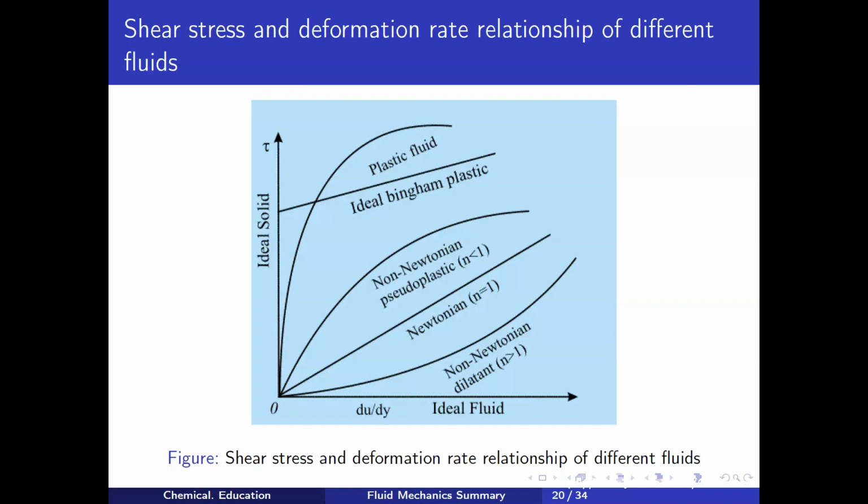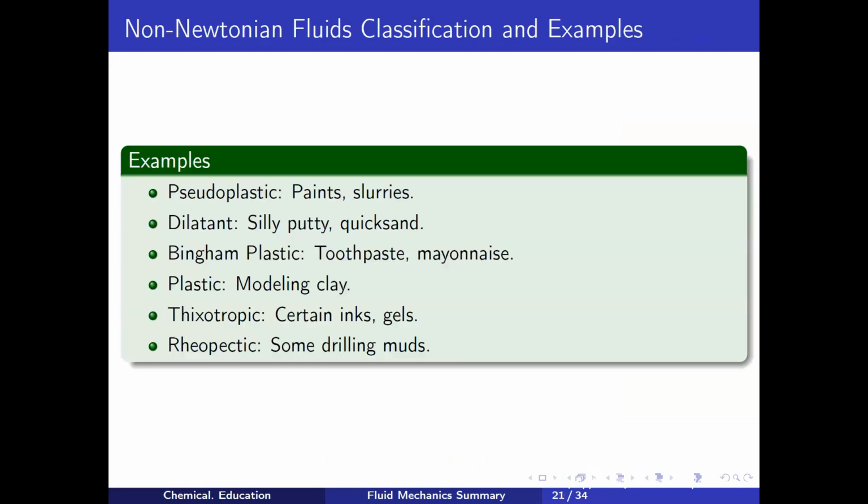Then n less than 1, non-Newtonian fluid, pseudoplastic, and n greater than 1, non-Newtonian again, dilatant fluid. And Bingham plastic, ideal plastic, has an initial shear stress and then it increases linearly, and is another non-Newtonian fluid, that is plastic fluid.